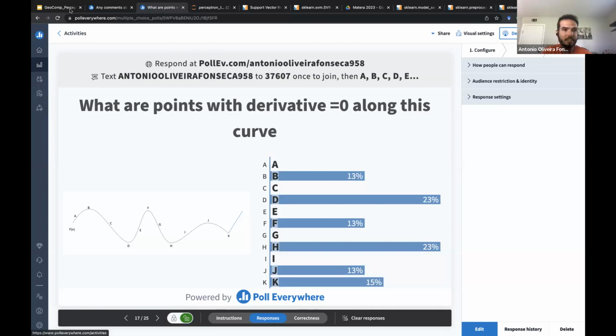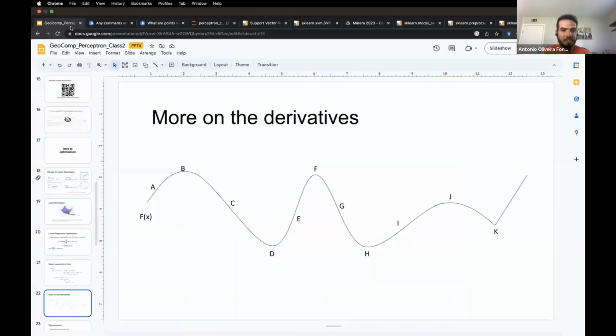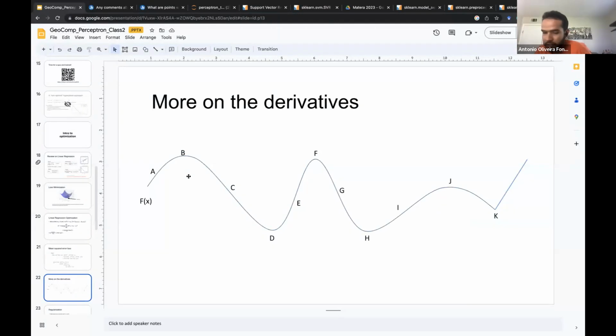Let's go back to this slide here. In this slide, all I asked you for is the derivative equal to 0. We have seen so far this one and this one, which are local minima, but the local maxima here is also equal to 0.